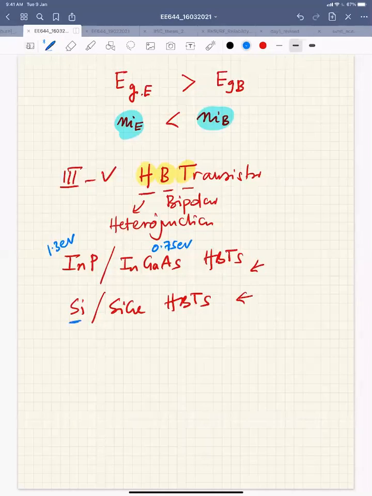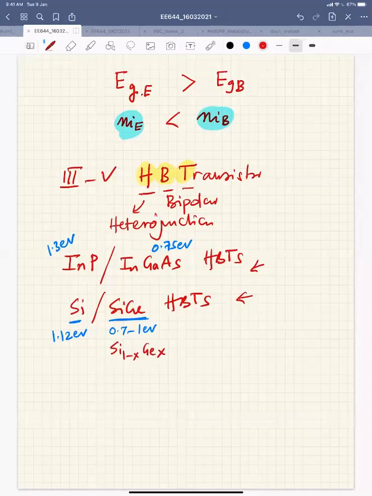Similarly, when you talk about silicon germanium, silicon has 1.12 electron volt, and silicon germanium, depending on the concentration of silicon and germanium, varies between 0.7 and 1 electron volt. We have silicon 1 minus x and germanium x.